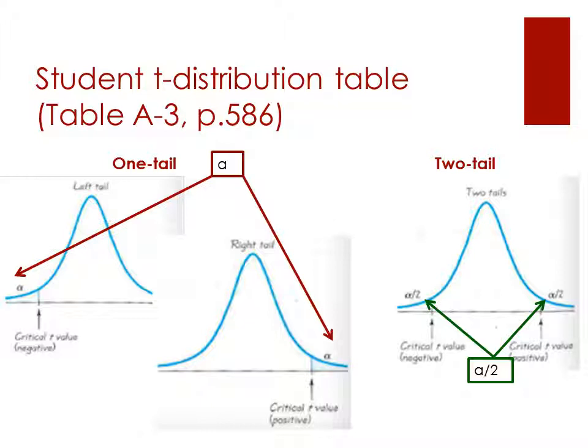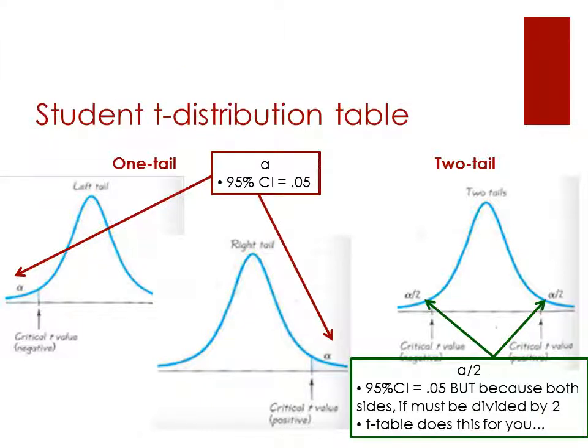Now, when I'm talking about alpha, what do I mean by alpha? If you have a confidence interval, for example, of 95%, you have set your value as 0.05, and that 0.05 is your alpha. So if we take a look here, a 95% confidence interval will be 0.05.